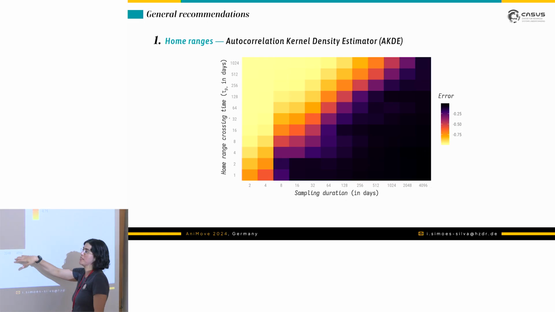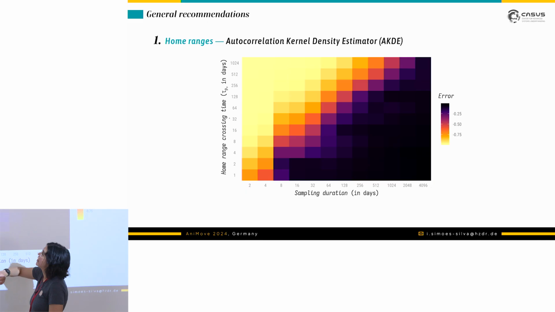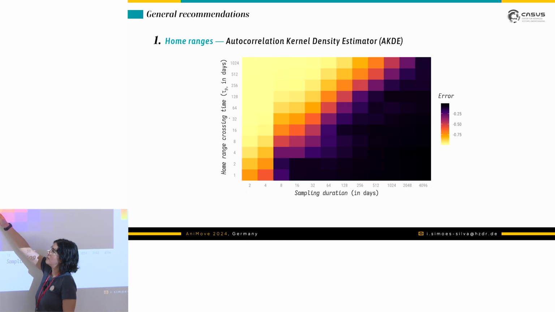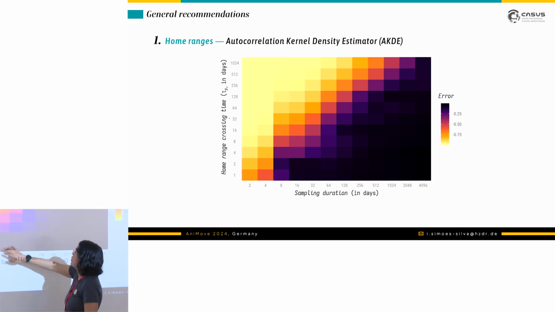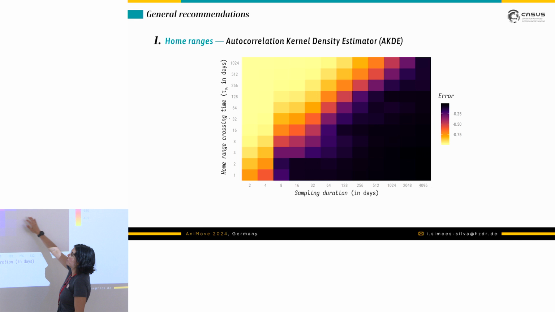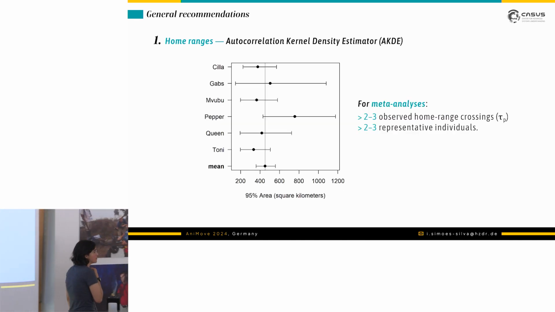Again, this is 4,000 days, a sampling duration that's usually not even easy to get. And versus the home range crossing time, right? So you have a species that maybe has a home range crossing time of around 16 days, and you want to ideally be in the durations that are higher here. So we have low relative errors, right? That's where you want to be on this plot.